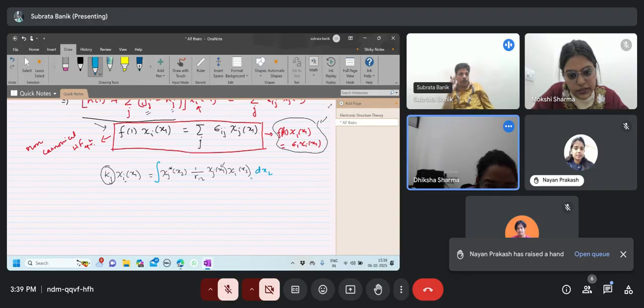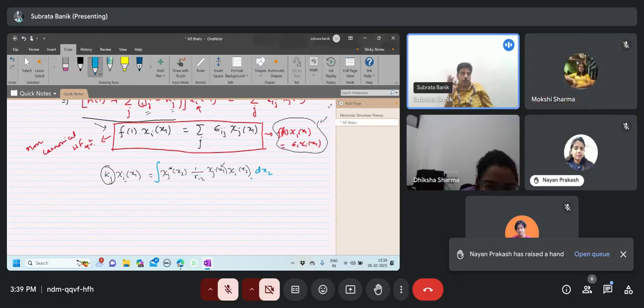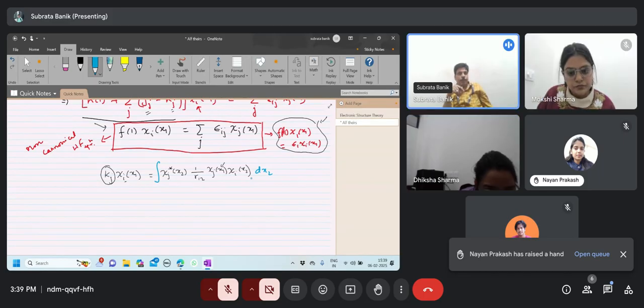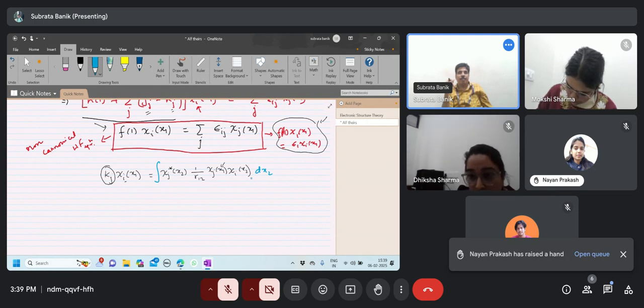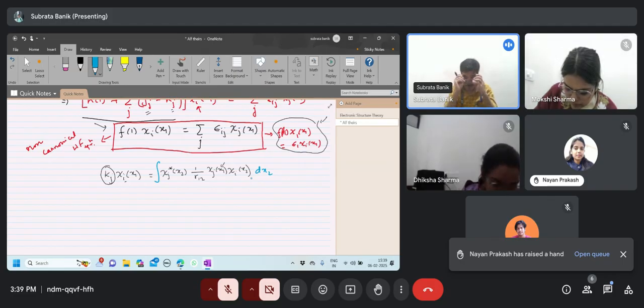Exactly. Whatever orbital I had on the right side, it's just going to make it I to J. This is very much needed; unless we have this, we don't have exchange. Yes, Divyani. Any other question?